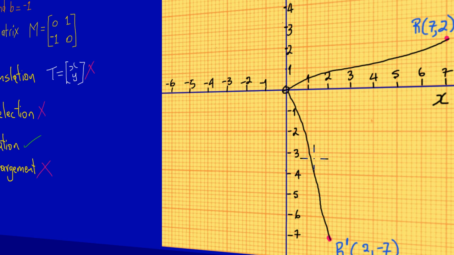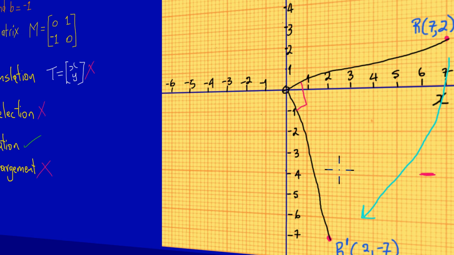Then you use your protractor to measure this angle, and you should get a 90-degree angle right there. Now if you notice, the object was here, so it's going in a clockwise direction. This direction represents a clockwise direction, so the object point has moved in that direction. Now in math, a clockwise direction is a negative direction.